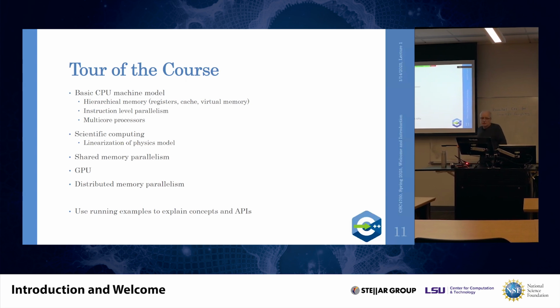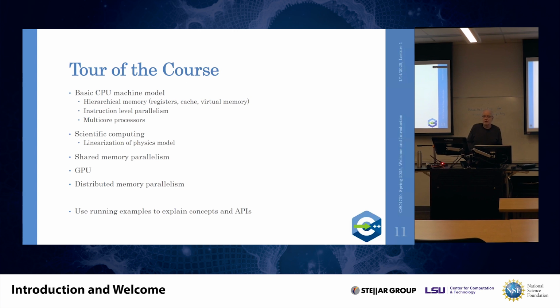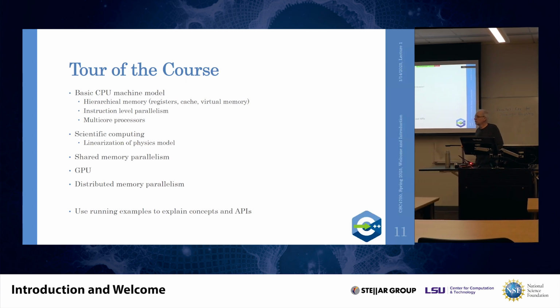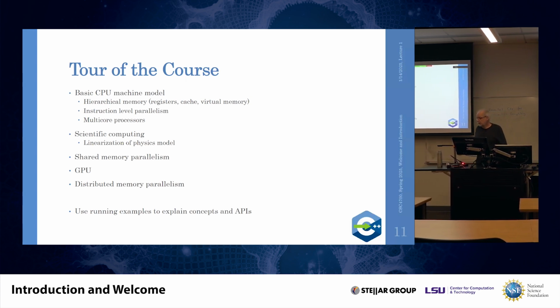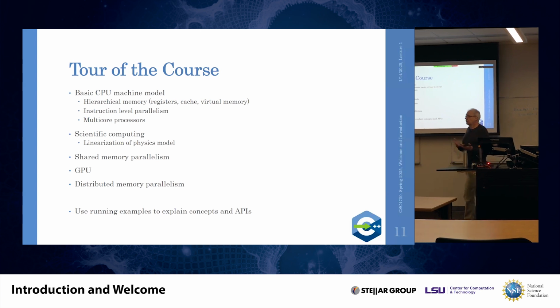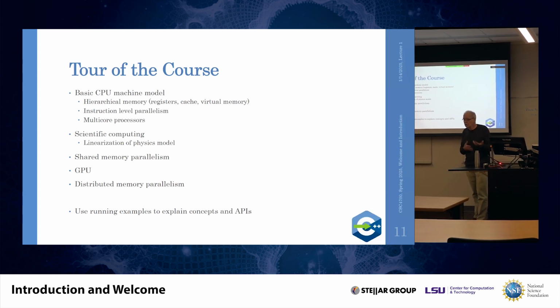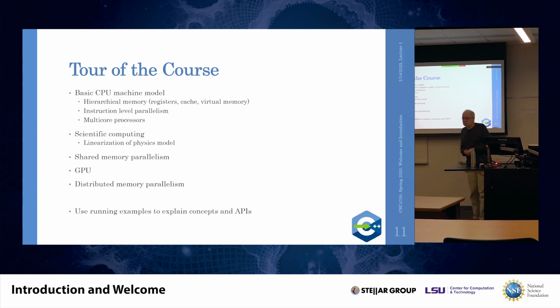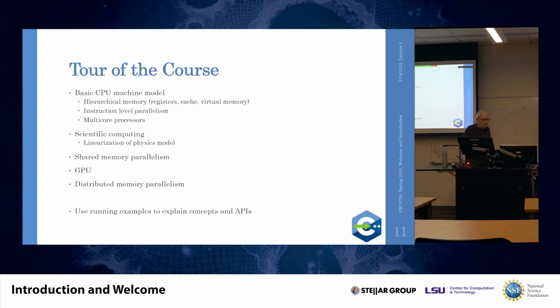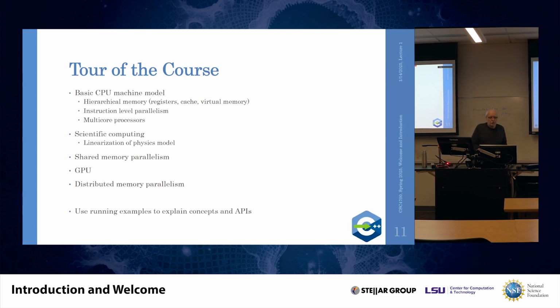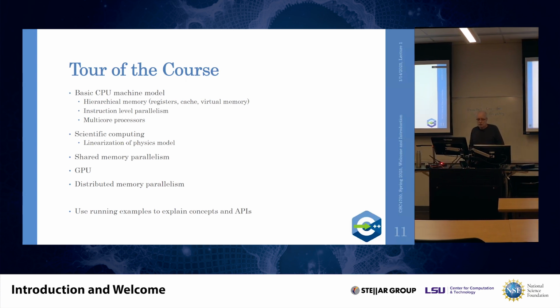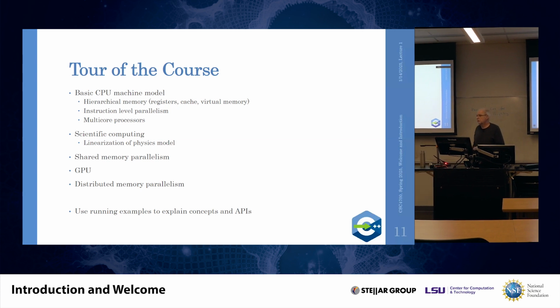In terms of scientific computing, we will look at how to linearize problems, because as it turns out, all of scientific computing relies on linearization of some complicated partial differential equation or whatever. We will talk about shared memory parallelism and multi-core processors. We will talk about GPUs.